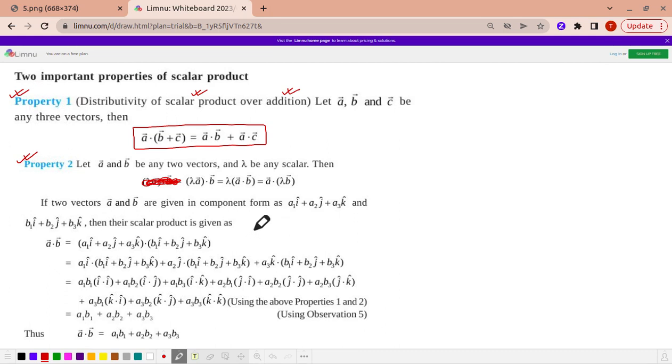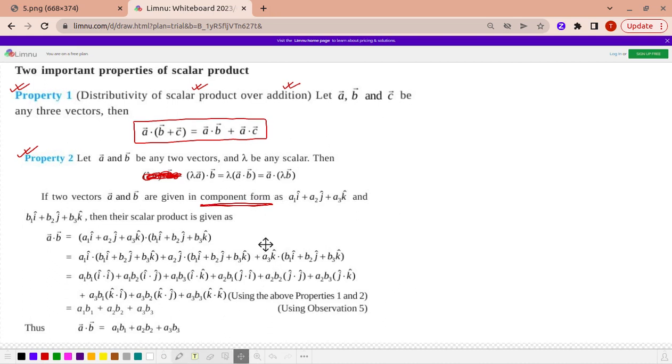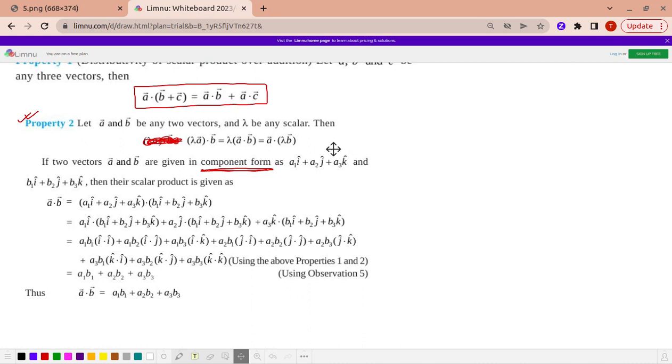Now let's say the two vectors A and B are represented in the component form. If you recall the component form we discussed in one of our previous sessions. That means the vector A is nothing but A1 i cap plus A2 j cap plus A3 k cap.